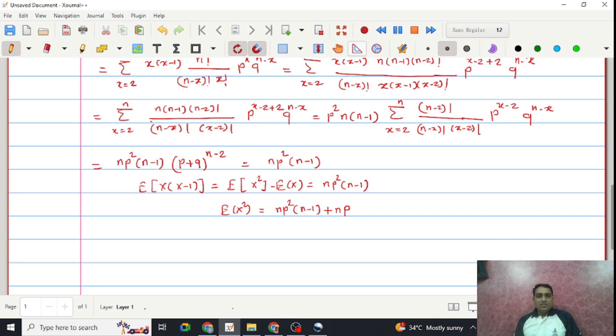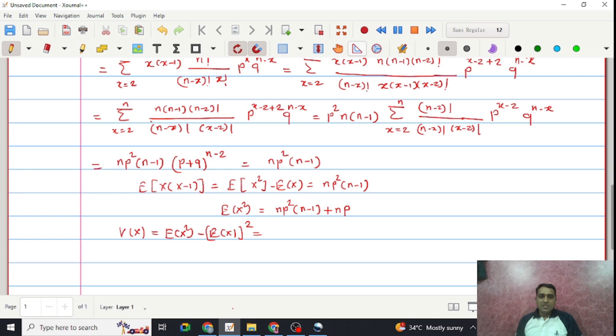Then we are interested in the variance of x. Variance of x has the formula expectation of x square minus (expectation of x) whole square. Expectation of x square we calculated here.